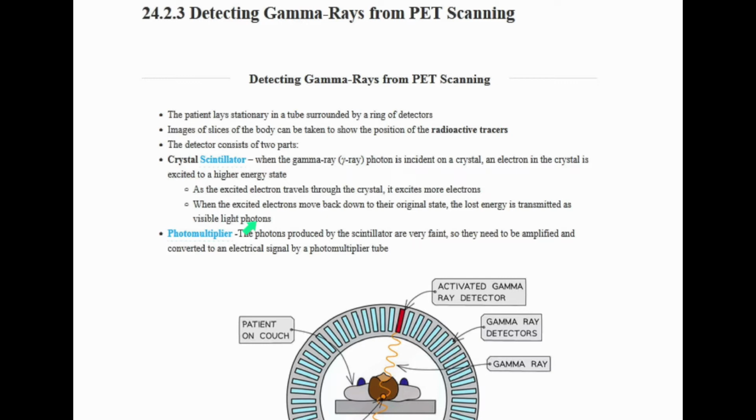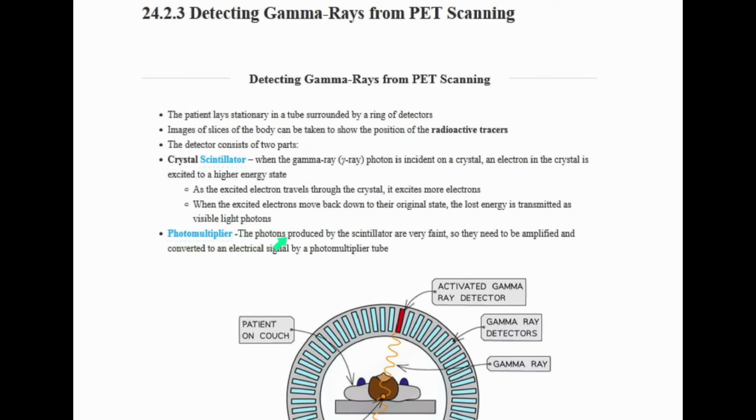Now they come back down to the lower energy levels, and because of that, visible light photons are emitted. And then the second part of the detector is the photomultiplier.